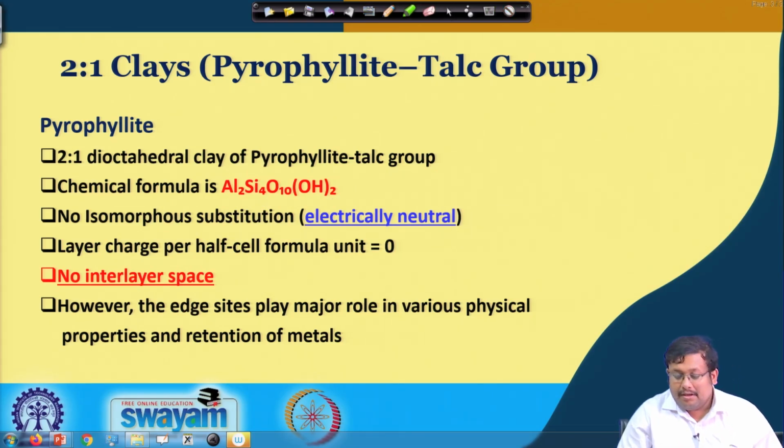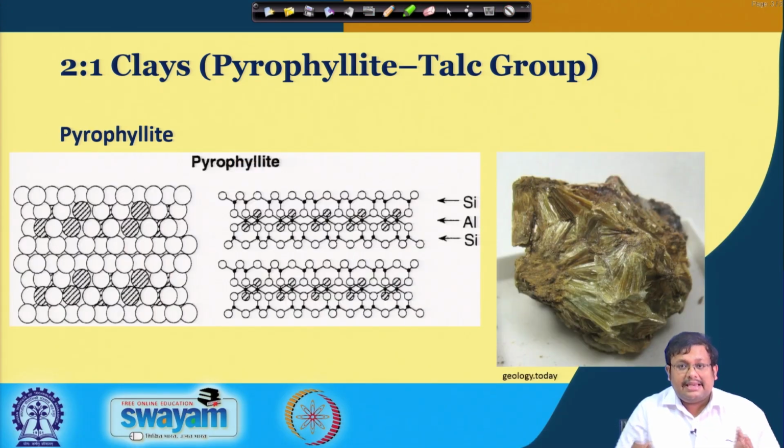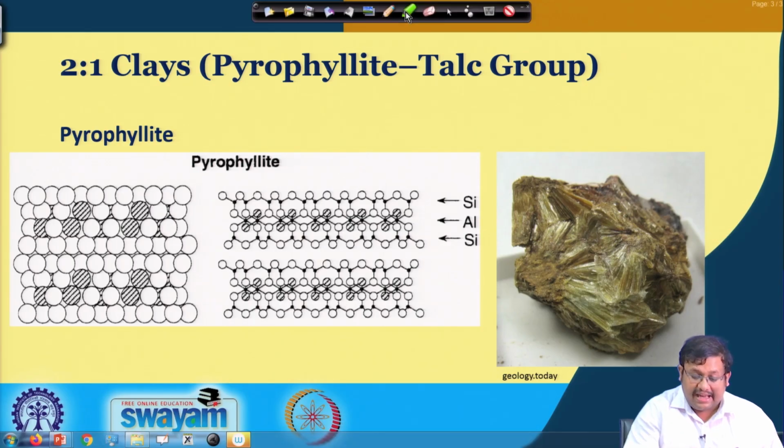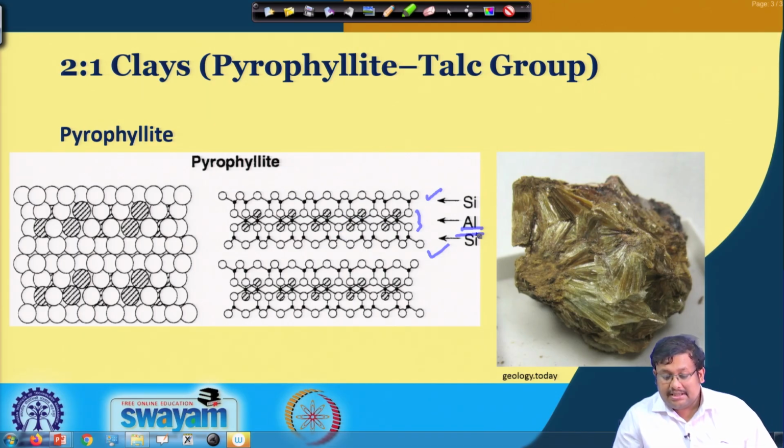If we move ahead and see the structure of pyrophyllite, it becomes clearer that this is a 2:1 type of structure, as we have discussed. 2 silica tetrahedral sheets and 1 octahedral sheet sandwiched in between these 2 tetrahedral sheets, and it is a dioctahedral structure because aluminum is present.